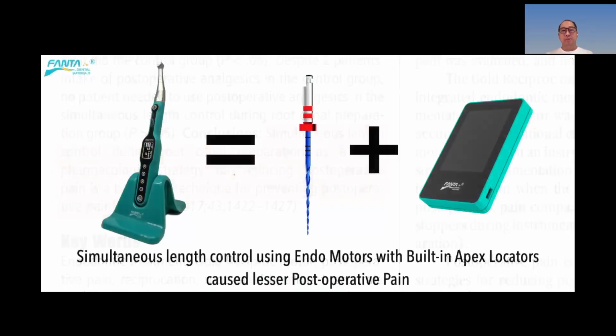So in my opinion, if you use your iRoot Pro with your rotary or reciprocating files, it is almost the same as using your files plus the apex locator. It means you have the apex locator and the endodontic motor in one gadget.